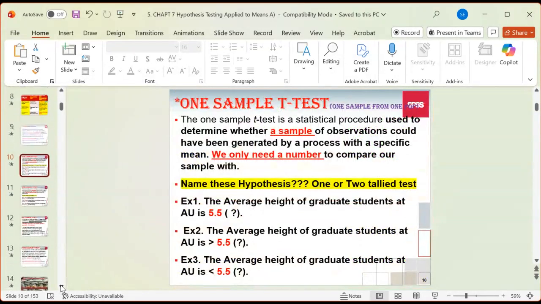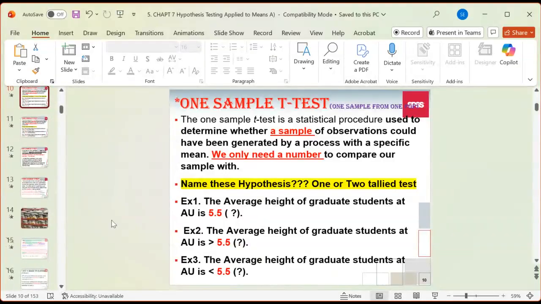So what kind of research can we conduct with a one sample t-test? The one sample t-test is a statistical procedure used to determine whether a sample of observations could have been generated by a process with a specific mean.